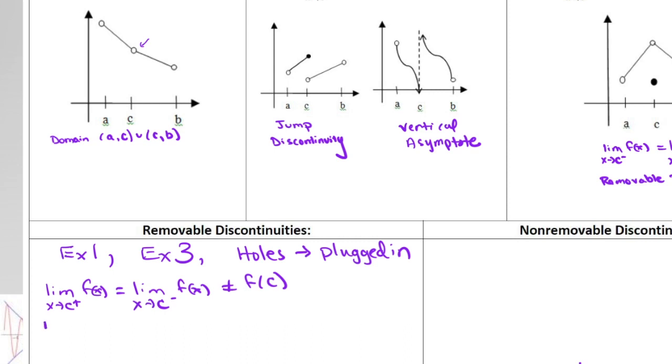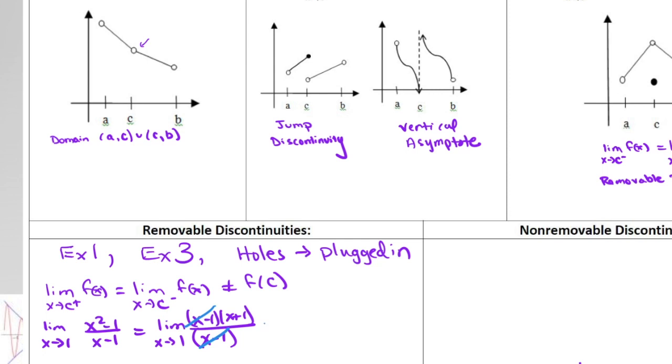Some places where this might occur, if you have the limit as x approaches 1 of x squared minus 1 over x minus 1. You know that you could factor this function because you have your difference of squares, and you get your x minus 1 times x plus 1, and look at what happens to the factor x minus 1. You can cancel it out. You remove the discontinuity.